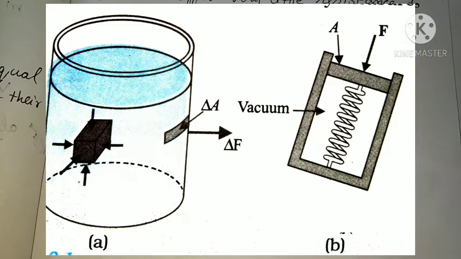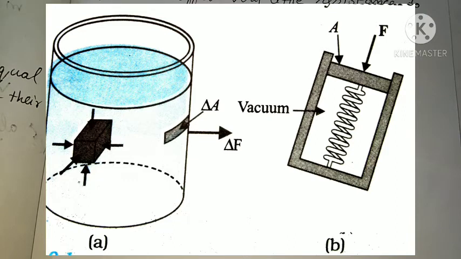If there is a component of force parallel to the surface, then the object will also exert a force on the fluid parallel to it, according to the third law. This parallel force causes the fluid to flow. Here the fluid is at rest, so this cannot happen. Hence, the force exerted by the fluid at rest has to be perpendicular to the surface in contact with it. This is shown in figure A.